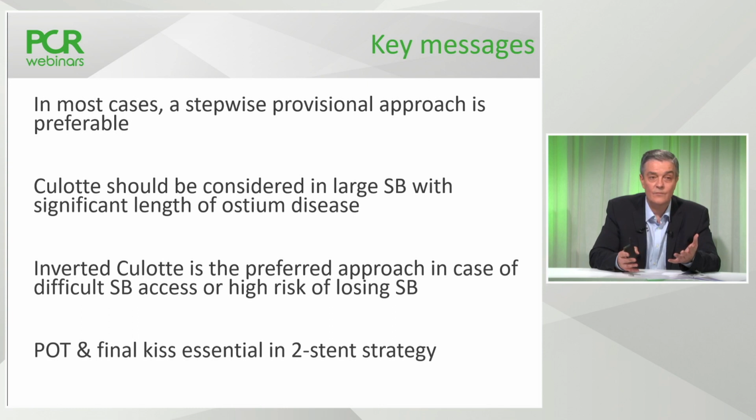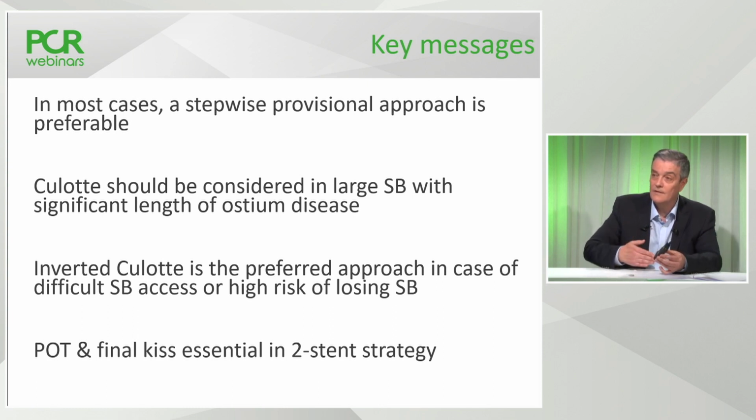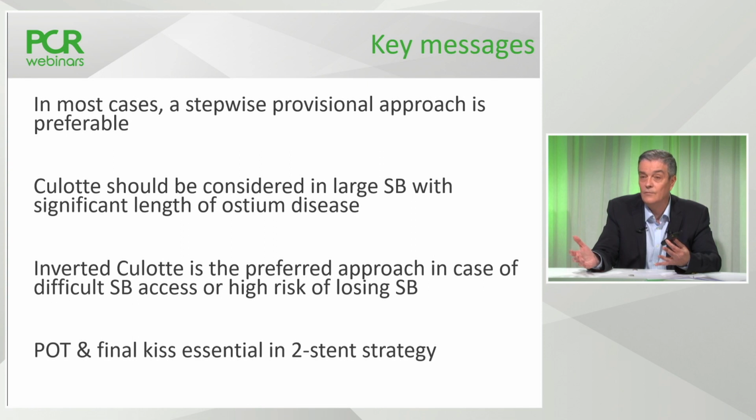In this case, it was a really big diagonal. There is only one more distal small diagonal branch. So that diagonal was definitely clinically relevant, so we don't want to lose it. And because disease was more than 10 millimeters at the ostium, I fully agree with your decision to start by protecting the side branch.